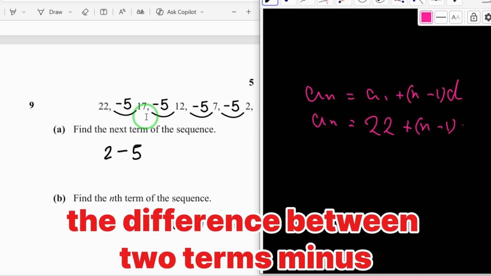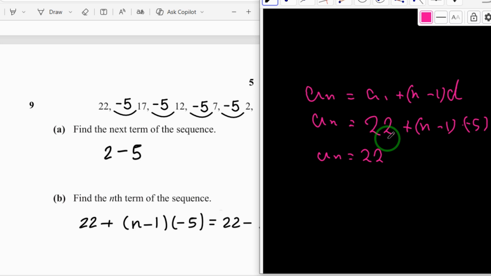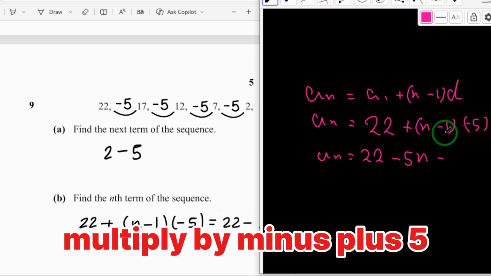The difference between two terms is minus 5. We simplify. an is equal to 22, and we multiply minus 5n and minus times minus gives plus 5.